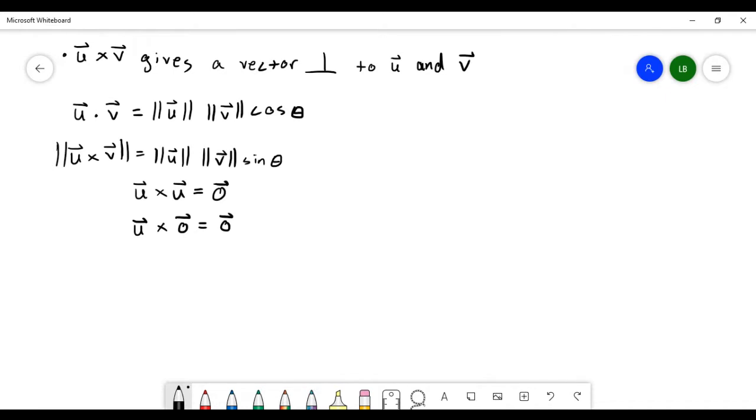Another neat thing you can derive from this cross product formula is the area of a parallelogram. So let's say we had two vectors, vector u, vector v.